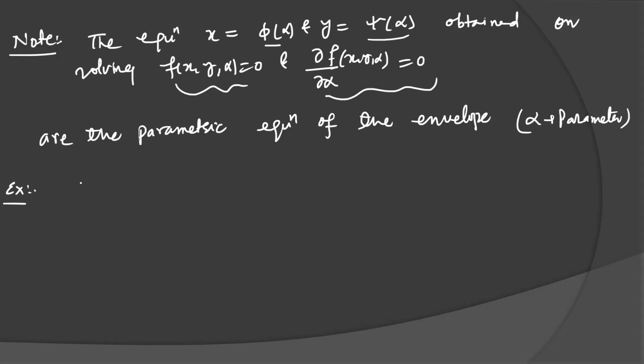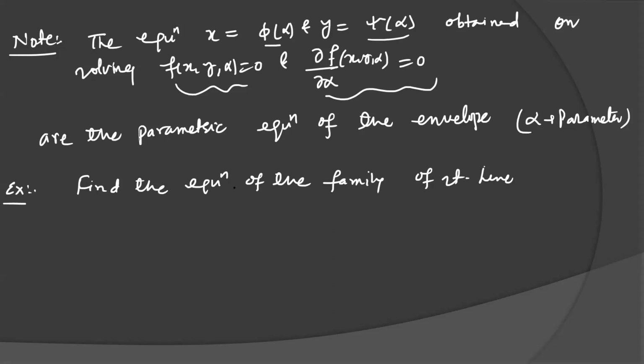Let's see one example, then only we can better visualize it. Suppose first example is find the envelope of the family of the straight lines y equal to mx plus a by m, where m is parameter.